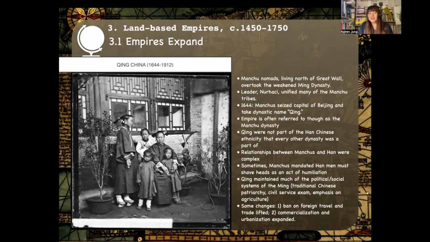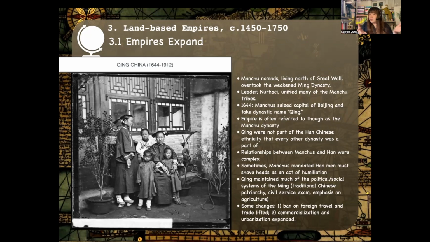The Qing were not part of the Han Chinese ethnicity that every other dynasty had been a part of. The relationships between the Manchus and the Han were complex, and sometimes the Manchus mandated that Han men have to shave their heads as an act of humiliation, and then the Han would respond by killing themselves or chopping off their own heads, because the idea was that because ancestor worship and Neo-Confucianism was so important, your hair was inherited from your parents, and so if you cut off your hair, it was like cutting off your lineage, your entire connection to your parents.